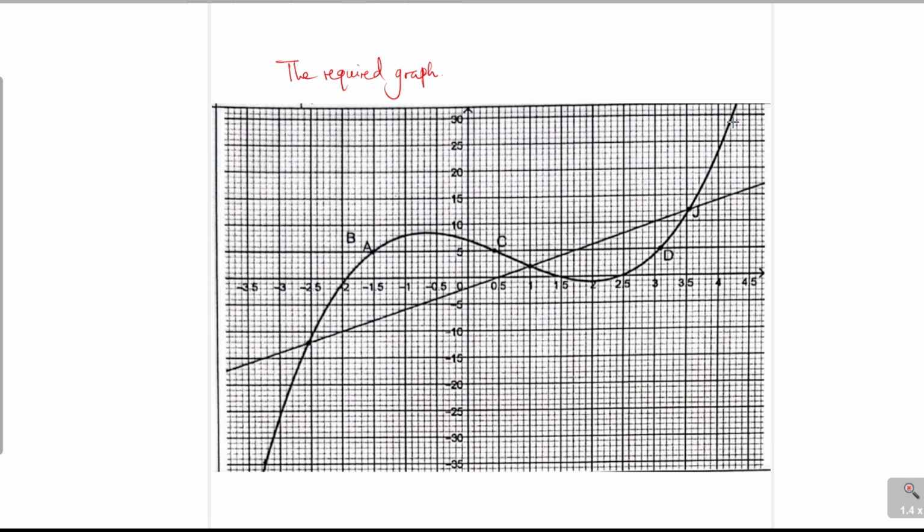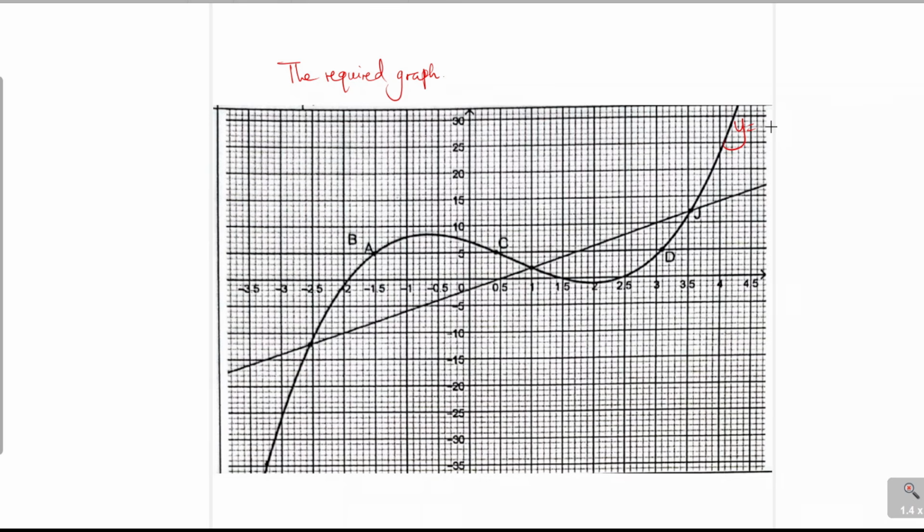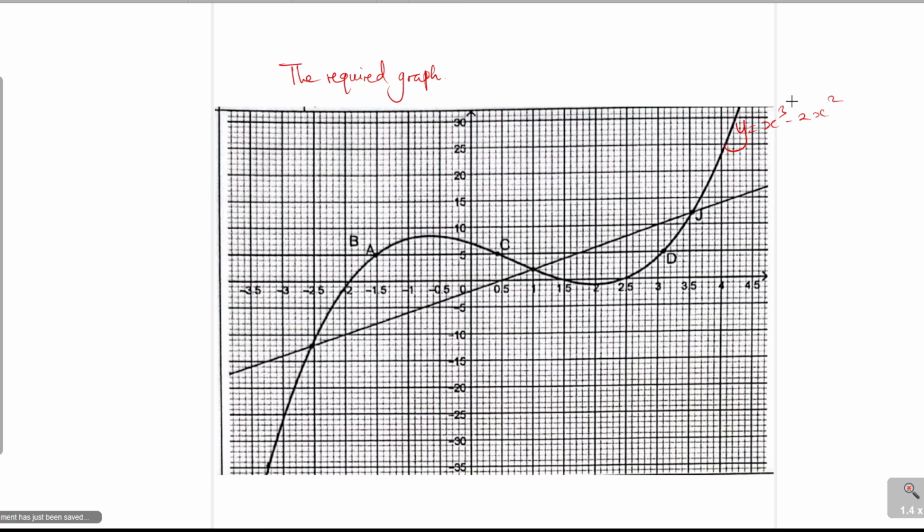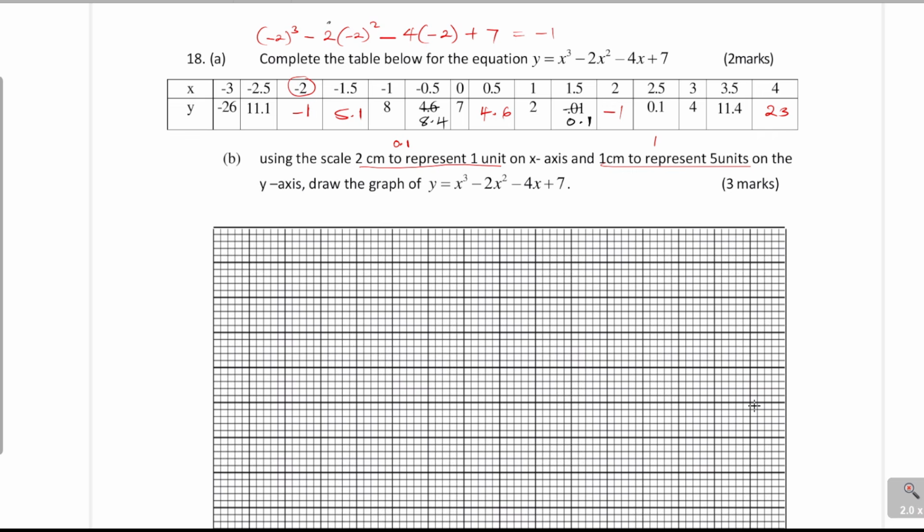This is the function y equals x cubed minus 2x squared minus 4x plus 7. That is what you should get. For that, you're supposed to get 3 marks.